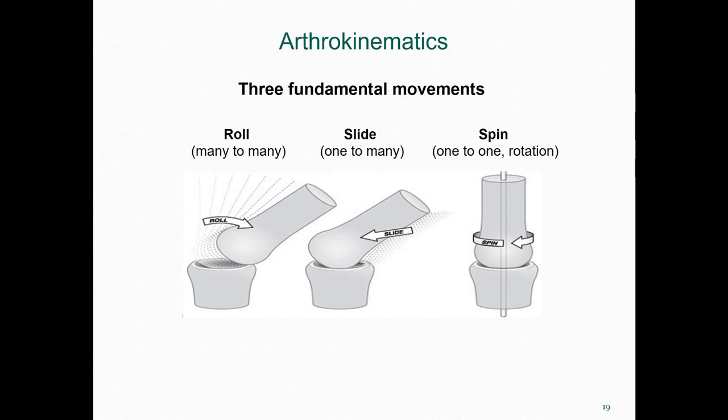In slide, a single point on the articular surface that is sliding makes contact with multiple points on the articular surface that is being slid upon. And lastly, in spin, a single point on one articular surface rotates on a single point on the other articular surface.